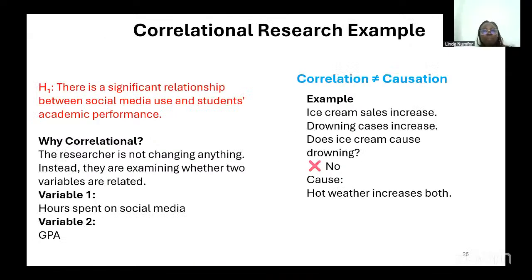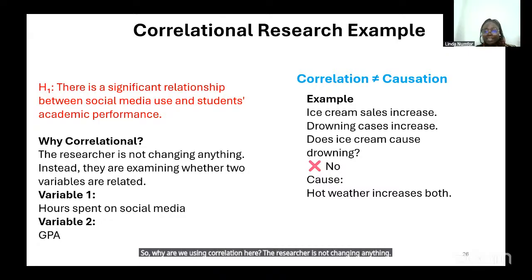Now, for another example, let's use a hypothesis. There is a significant relationship between social media use and students' academic performance. So, why are we using correlation here? The researcher is not changing anything.